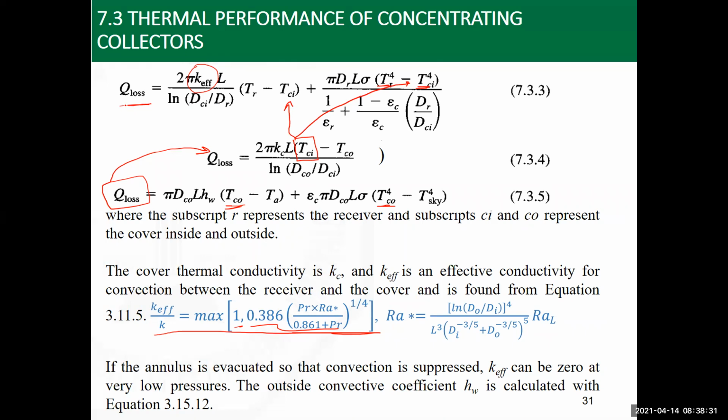Compare the Q loss that you obtained here with the Q loss that you obtained from equation 735. If they are close enough, okay, the solution is accepted. If they are not close enough, you need to repeat it by assuming another value of TCO and keep on trying until the solution converges and you get a final answer.